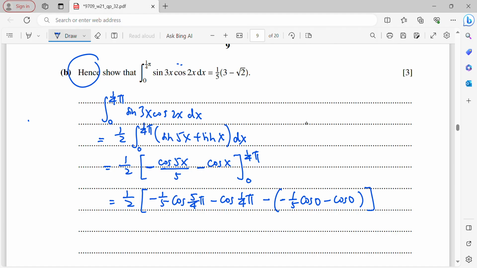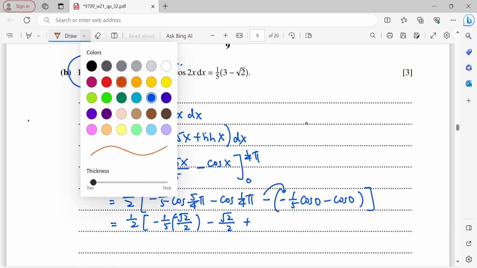Okay, then from here I will get half of negative 1 over 5 cos 5 over 4 pi, which is going to be negative square root 2 over 2. Okay, minus cos 1 over 4 pi is positive square root 2 over 2. Then minus minus is a plus. Cos 0 is 1.